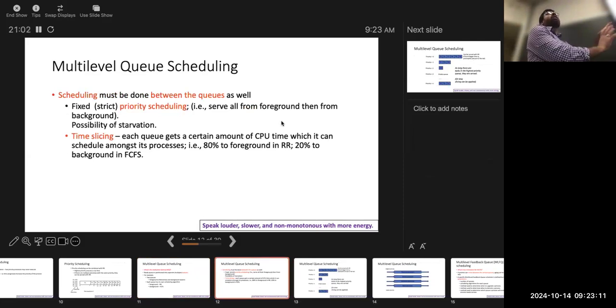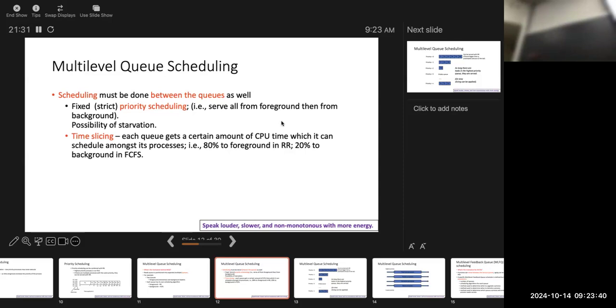So now there are multiple facets of the same problem. One is that you are still at the system level doing the priority level scheduling, but at the level of each queue you can select any scheduling algorithm. Remember we are still talking about a single core, let's say only core 0.